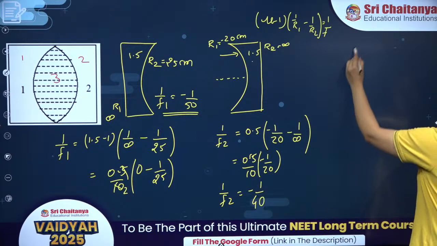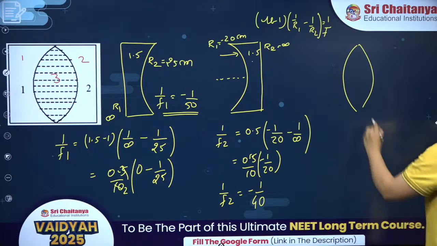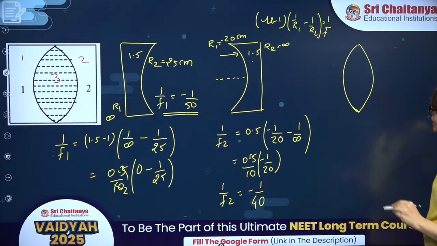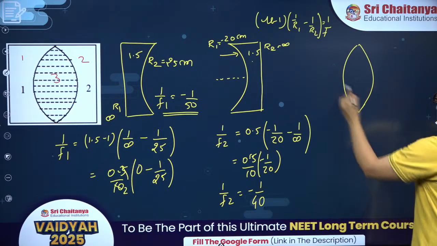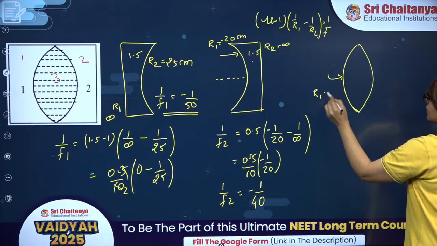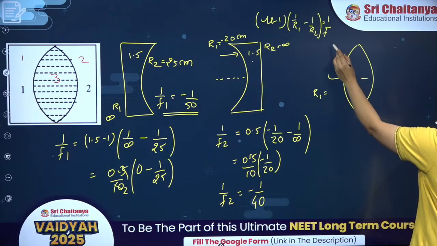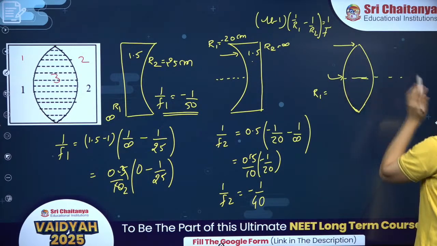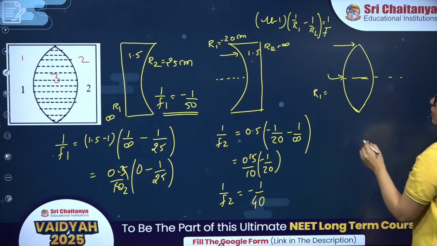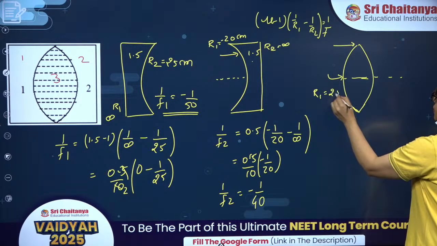Now the last one is this one, the middle portion, which is like a convex shape. It has this one as r1, and it will be positive because it is in the same direction as the incident ray, so r1 will be 25 centimeter.